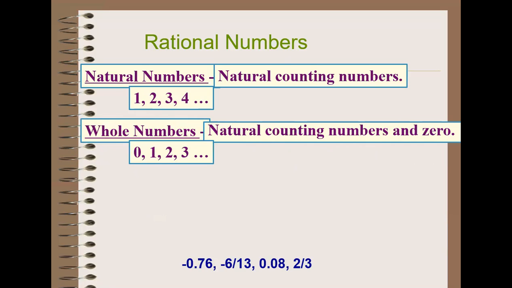We need to extend. We want to expand, to increase the set of numbers. So we started with natural counting numbers, and after that, we added 0 to become whole numbers. And then we are going to add integers.